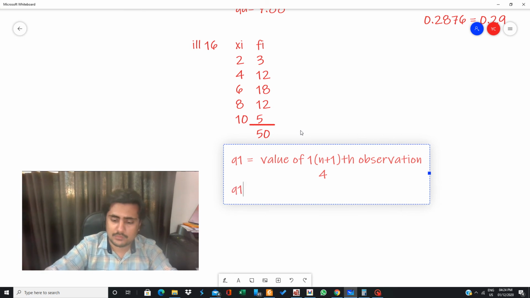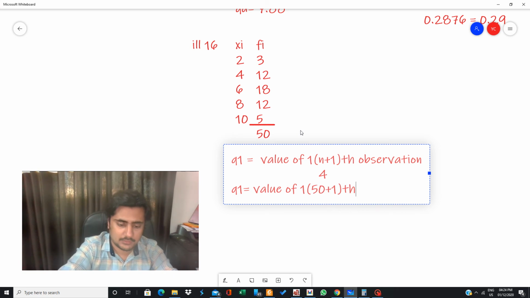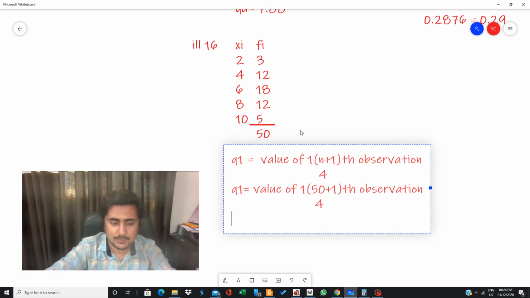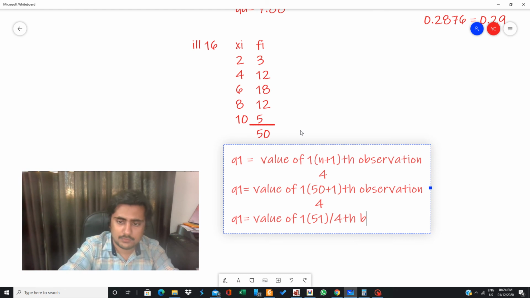So Q1 is the value of 1 into 50 plus 1, that is 1 into 51 upon fourth observation.